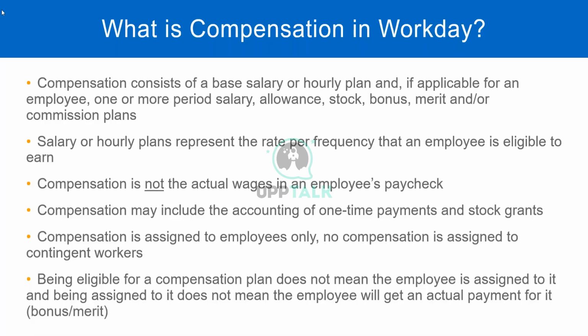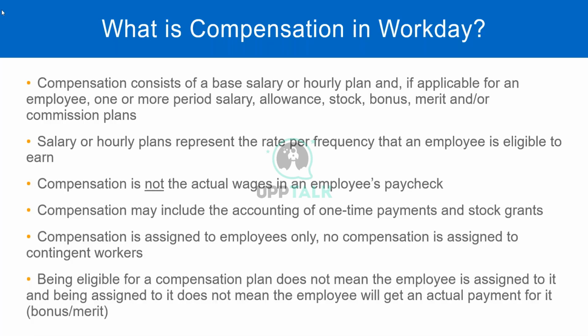So whenever we are talking about the salary amount or the hourly amount, the compensation rate, we always specify the amount, which is the rate per frequency, like per time period. In India it is more common to have annual amounts, like 5 lakh rupees per year, 10 lakh rupees per year.